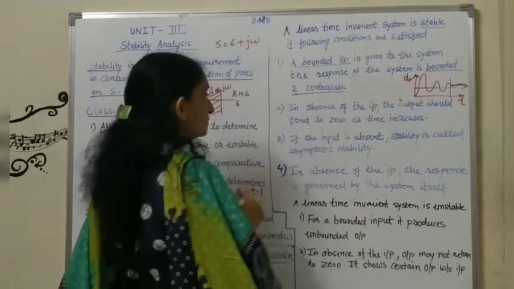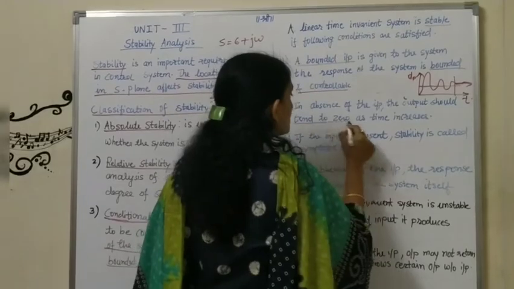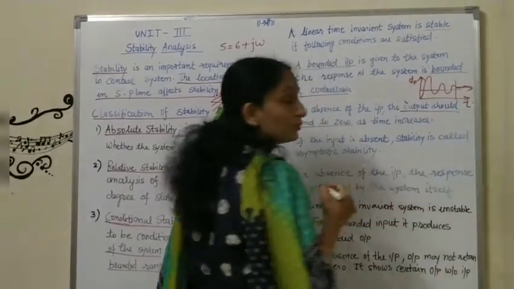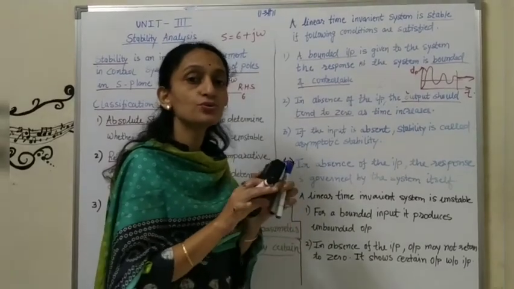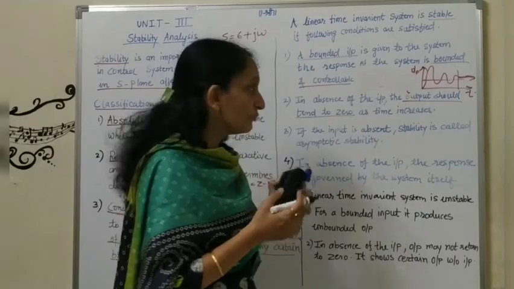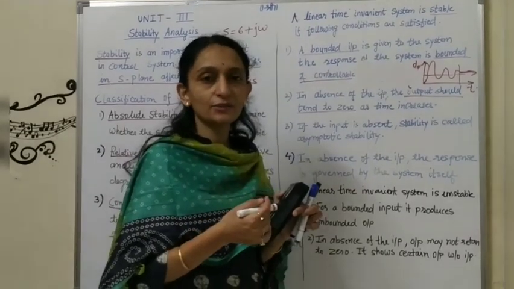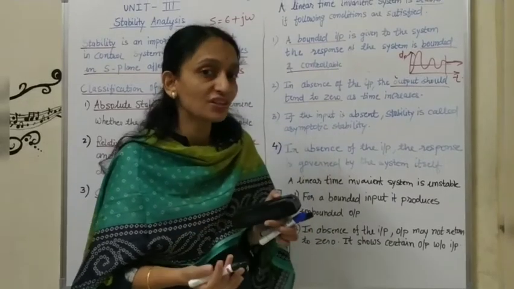Number 2, in absence of the input, the output should tend to 0. If input is not there, definitely output should not be there. But such a condition can be possible if we are using RLC parameters. We have studied that in the case of inductor and capacitor, there will be some initial condition.